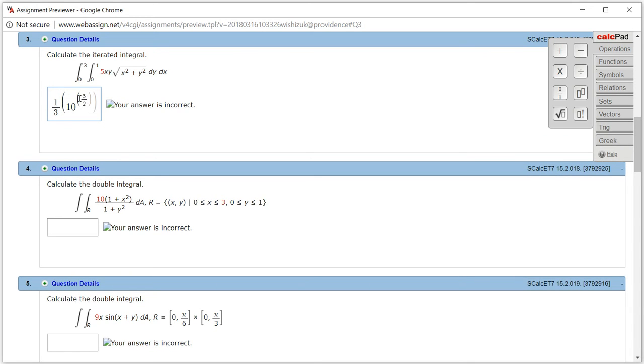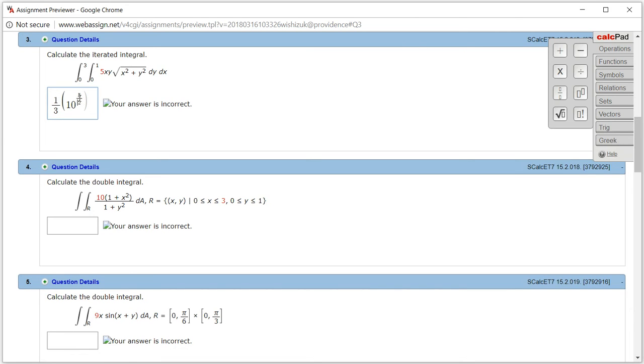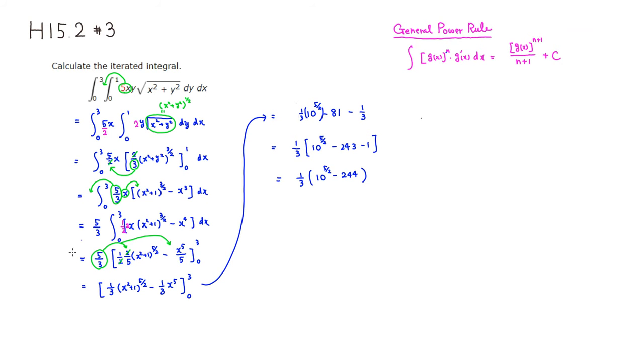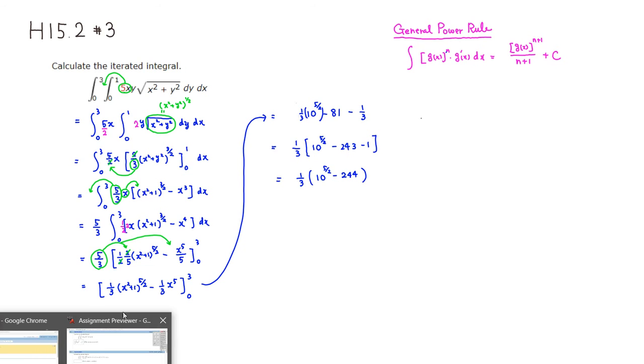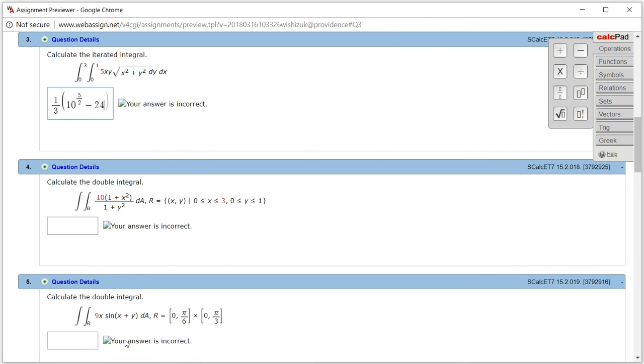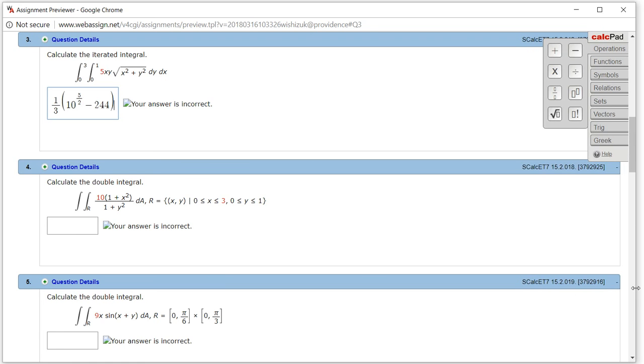I don't like the parentheses, so I'm going to erase them. And minus 244, was it? 244, right? So plug in 244. All right, let's type it in.